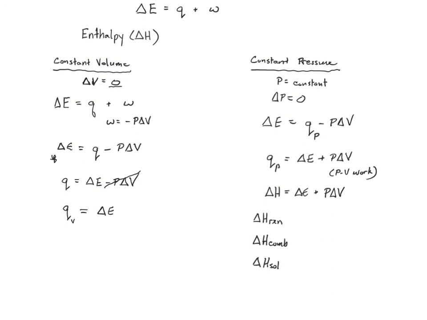So there are many of these out there. In our next video, we'll talk about how we can do calculations to figure out the enthalpies of reaction or combustion or whichever process it is that we're looking at.